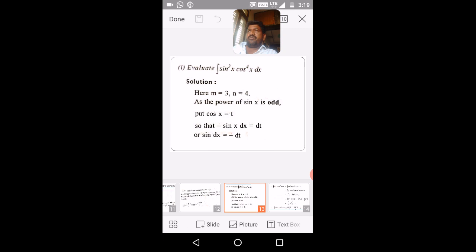Here we have different powers, that is, one function has an odd power and one function has an even power. In this case, you know the even power function should be substituted. Here the even power 4 is for cos x, that's why we substituted cos x equal to t and followed the substitution method to evaluate the remaining integral. But here we substituted the cos x term with another variable t.